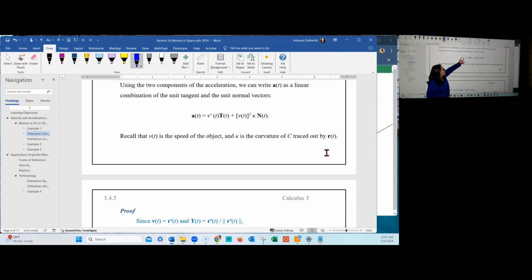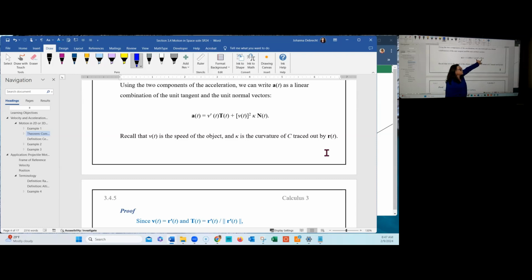So we can write A of t as v prime of t times the unit tangent vector plus v of t quantity squared times the curvature kappa times the unit normal vector, right? Now, this is the formula that gives us the acceleration written in terms of the two vectors, the unit tangent vector and the unit normal. The one along the unit tangent is our a sub t, the portion of the acceleration along the tangent vector.